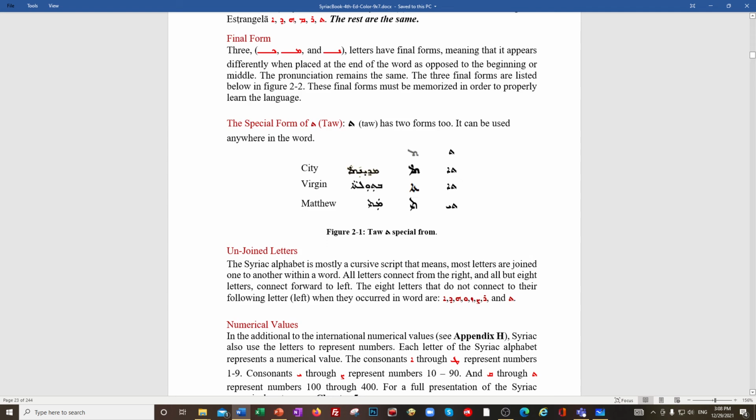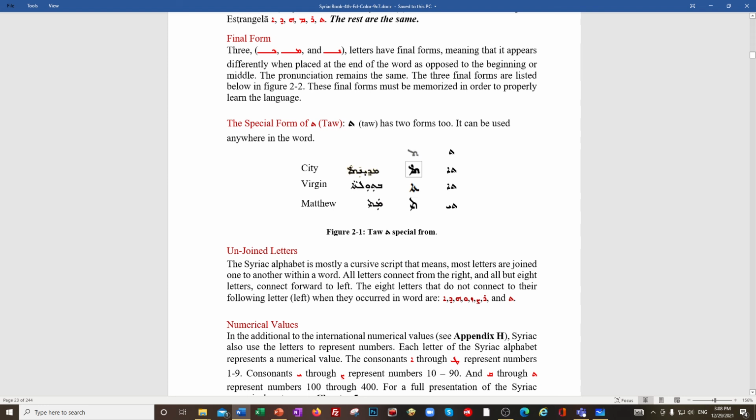You may see it in different books like this one. That is Tau and Alep, 2 letters, like in Ptholta. Ptholta means virgin. Those are the 2 ending with the Alep, Tau Alep.